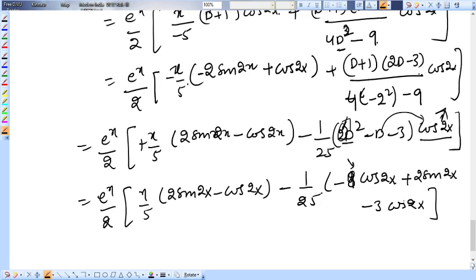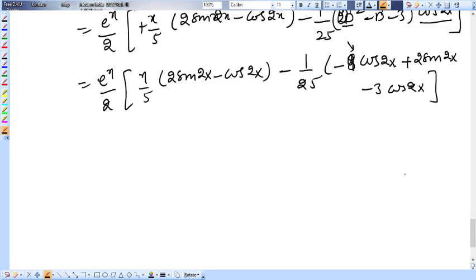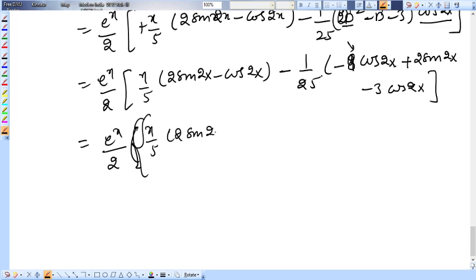So close this now and simplify it. On simplifying we get e^x divided by 2, x by 5, 2 sin 2x minus cos 2x minus 1 over 25.